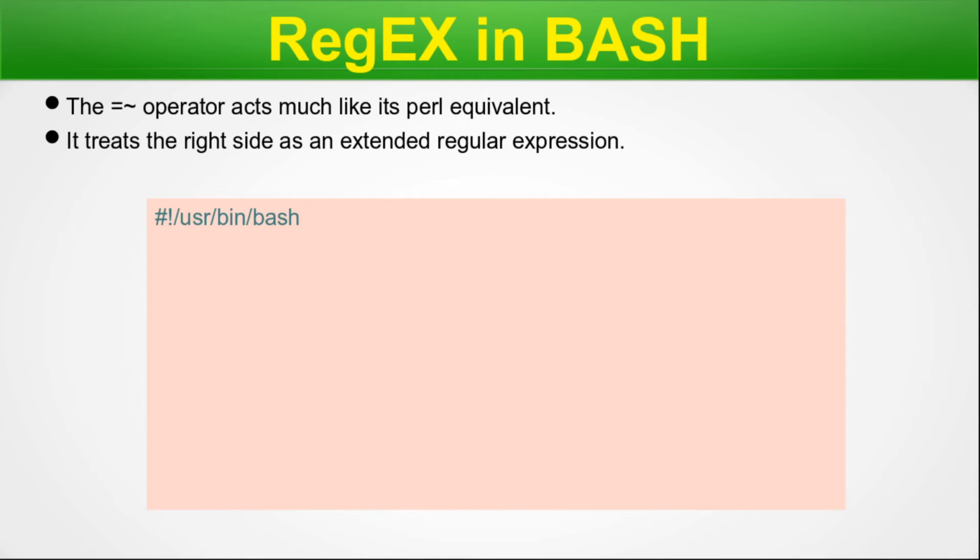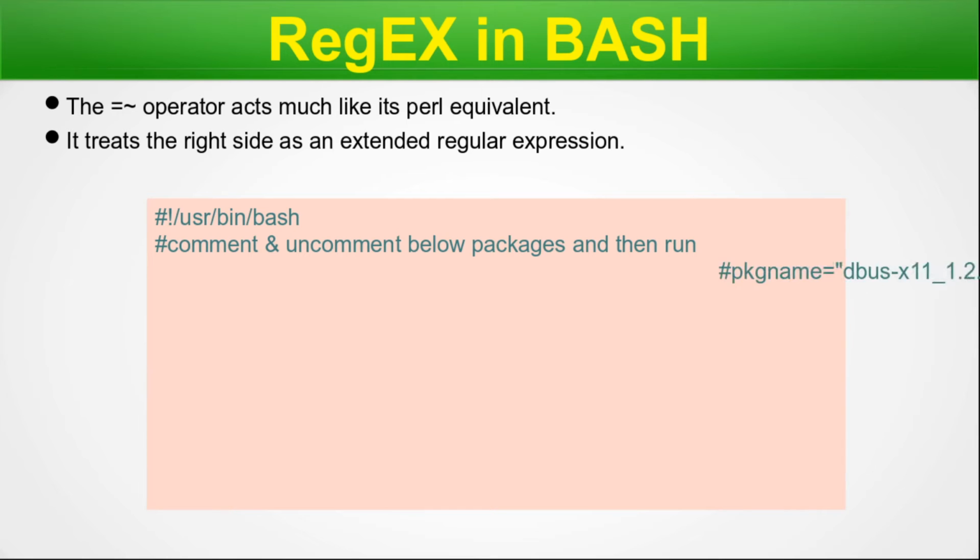We start our script here with hashbang /usr/bin/bash. Comment and uncomment the packages below and then run. This is a tried and tested script, and I have given this so that when you run it right after writing this script, you can comment and uncomment the lines below and see the results.